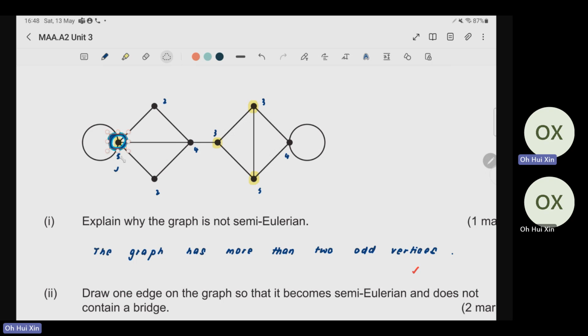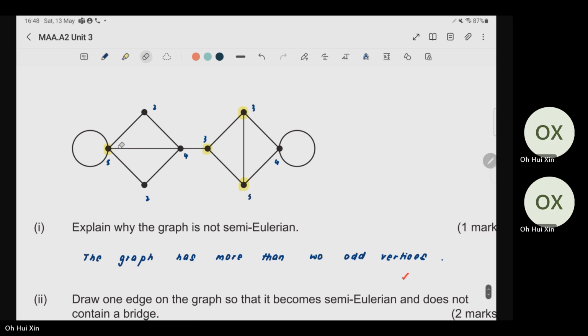All the others, it doesn't matter whether you link to this one or this one or that one. Let's try to draw that. You can draw any, just make sure it links to the odd vertices. Now with this edge, the edge in the middle here is not a bridge anymore.